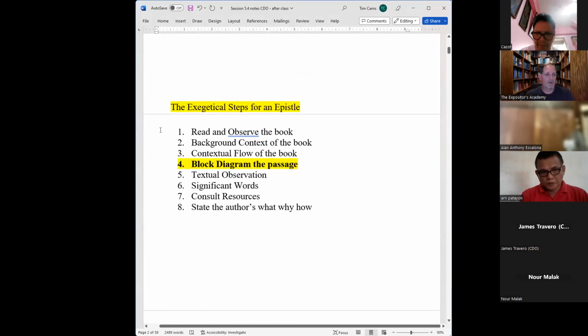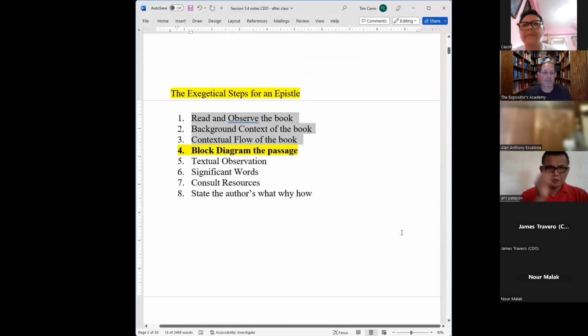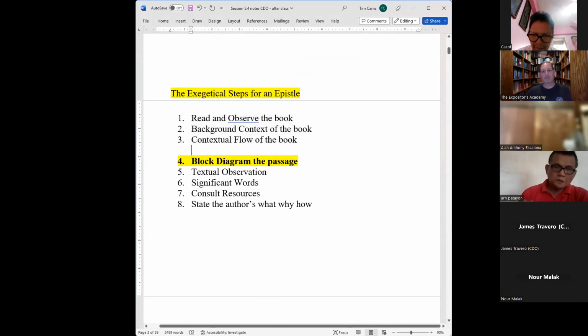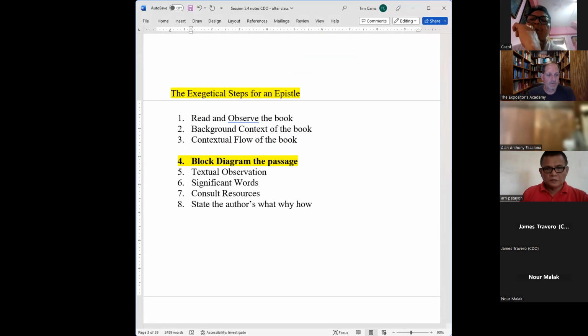So again, remember the first three steps that we looked at are the book as a whole. And now as we get to the fourth step, this is where we begin to narrow our focus onto the particular passage. So we first diagram the passage, then do the textual observations, look for significant words, consult resources. Again, all of these are not new steps at all.